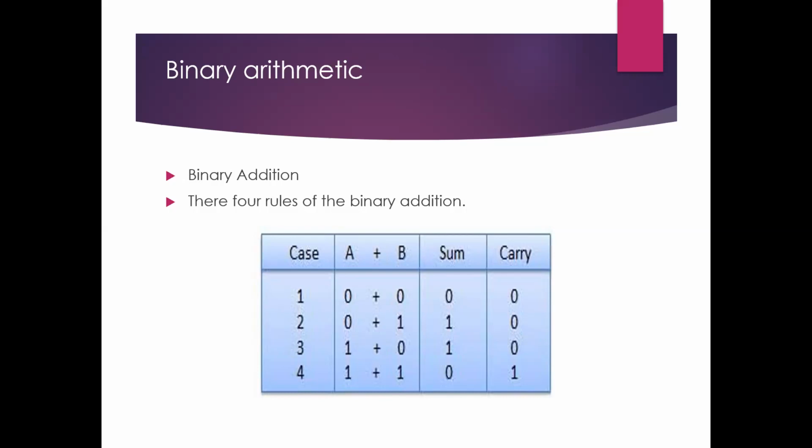Now, in the binary number system, we also need to know some basic arithmetic operations. Because if you look at the syllabus, some arithmetic operations of the binary number system have also been given. So with simple examples, we will look at the rules of each arithmetic operation.